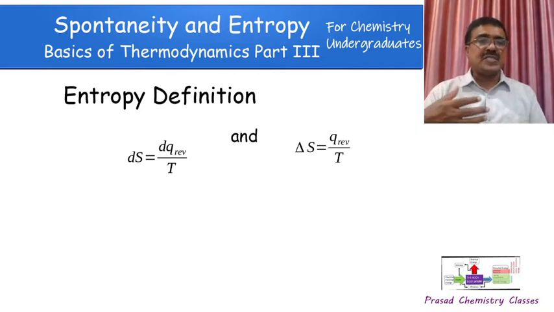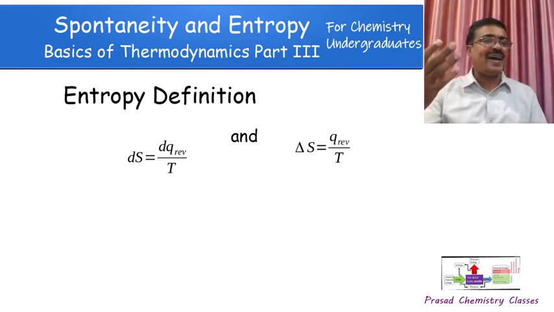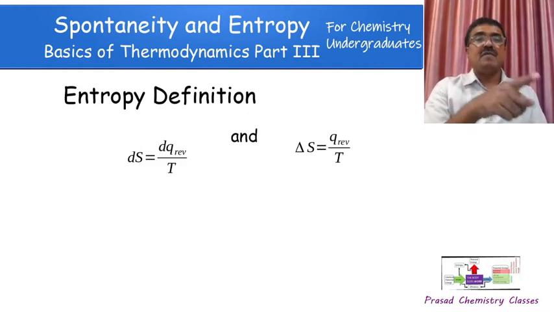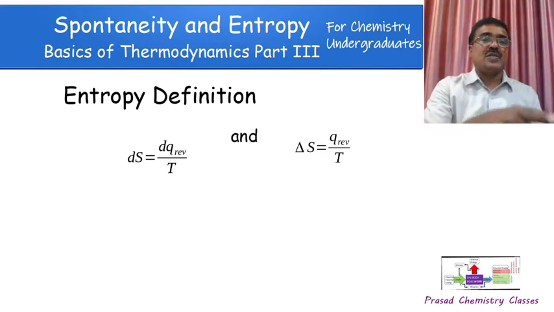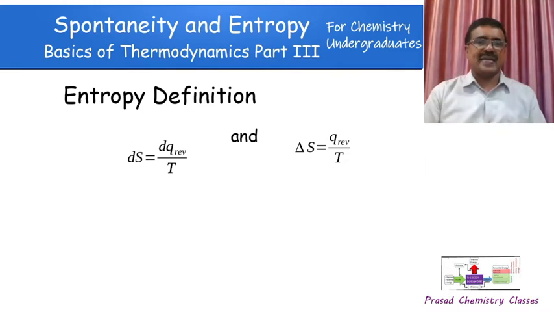Suppose the process is happening at a constant temperature, then we can write delta S is equal to q reversible by T. If the temperature is changing during the process, we cannot simply write q reversible by T. Then we have to express this dq reversible as a function of temperature and then do the integration. Only then can we get delta S.